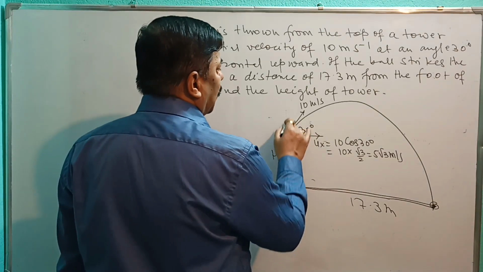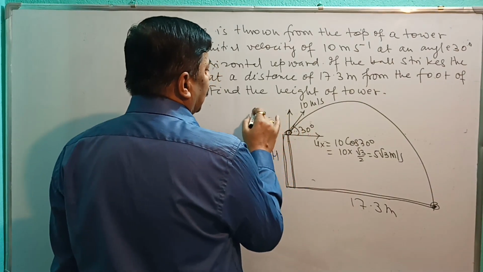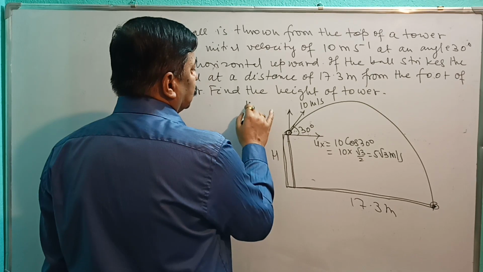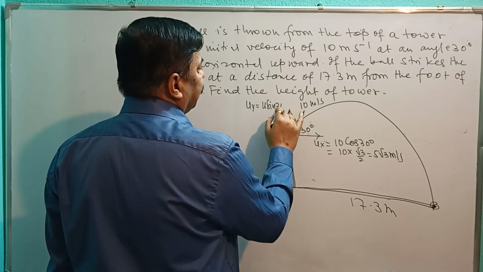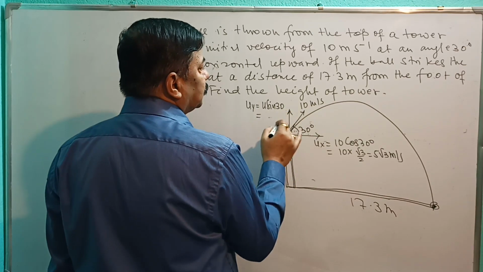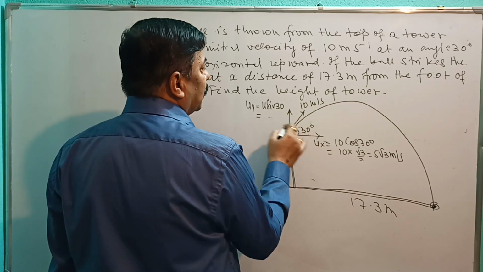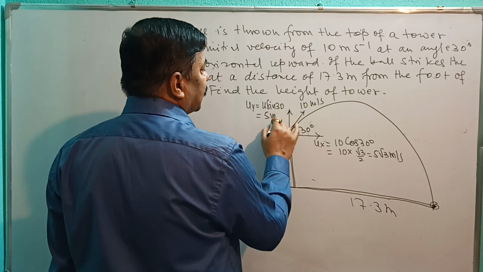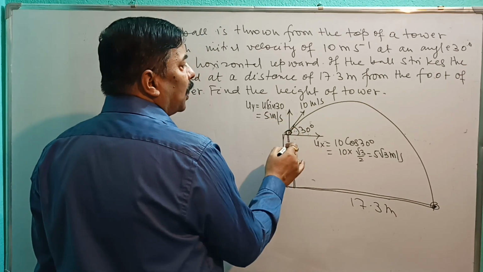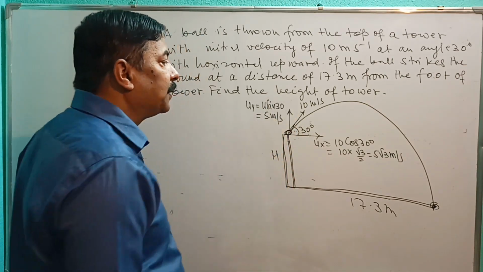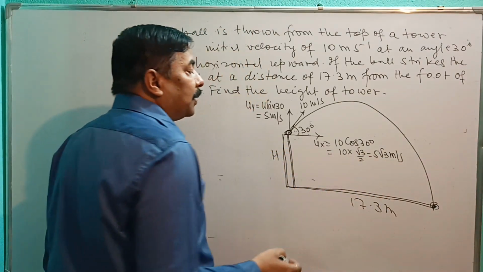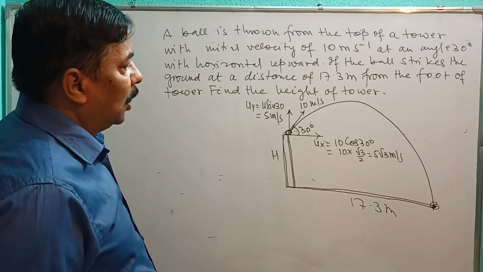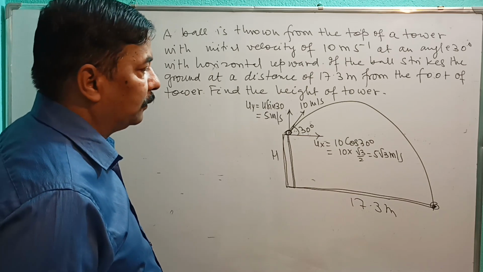And the vertical component is u sine 30. Sine 30 is 1 by 2, so 5 meter per second. That means this ball has this direction velocity 5 meter per second and this direction velocity 5 root 3 meter per second. Find height of the tower.